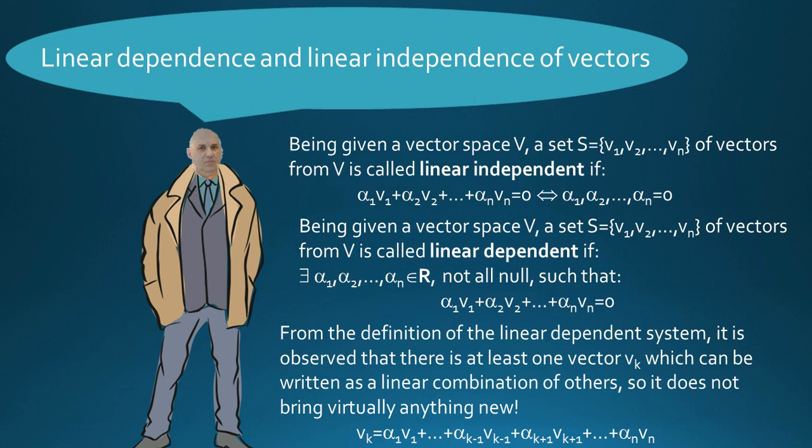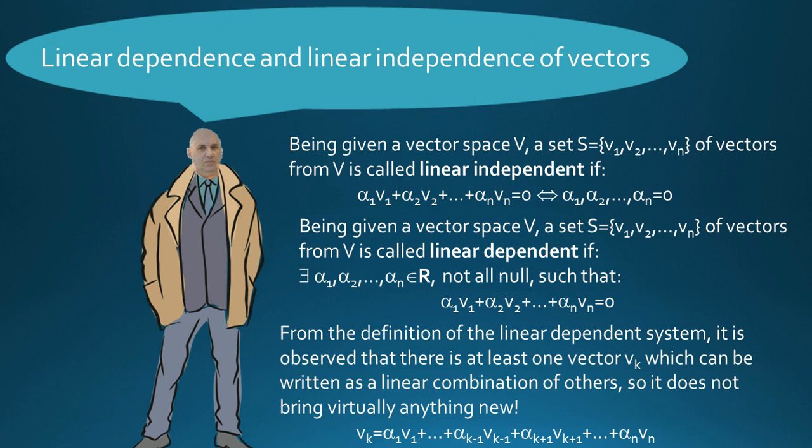A set S = {v1, v2, ..., vn} of vectors from V is called linear dependent if there exist alpha 1, alpha 2, ..., alpha n in R, not all null, such that alpha 1 v1 + alpha 2 v2 + ... + alpha n vn = 0.